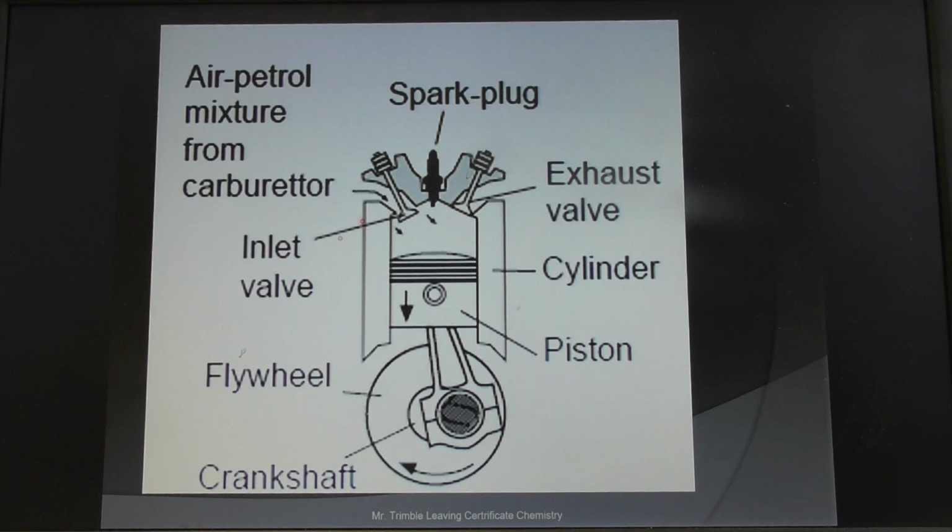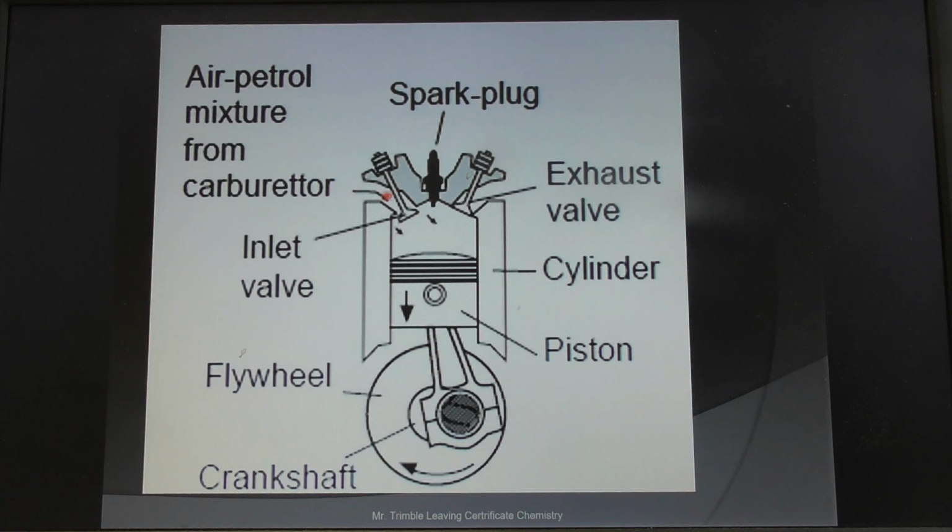But this is a piston, and this is what eventually would cause the car wheel to turn, indeed the engine to turn. So essentially what happens here in a 4-stroke engine, or in any piston anyway, there's an inlet valve. So from the carburetor, the air-petrol mixture is brought into this chamber. Well, a cylinder, but the piston is within it.